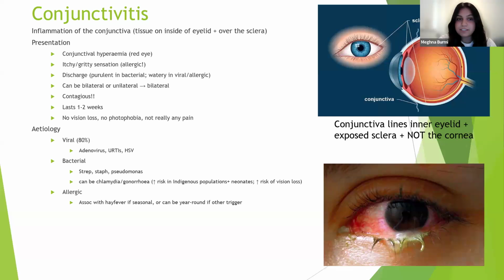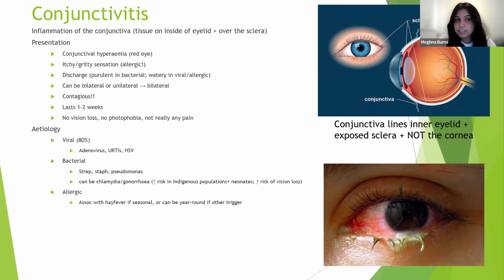There's a number of pathogens, Staph, Strep, Pseudomonas. The management is quite similar. It can also be chlamydia or gonorrhea as the pathogens causing this, but this is associated with an increased risk of vision loss. And we see this more in indigenous populations and in neonates. So that's also quite serious.